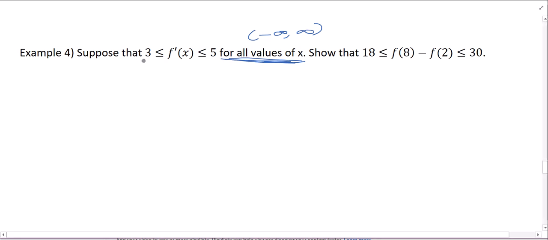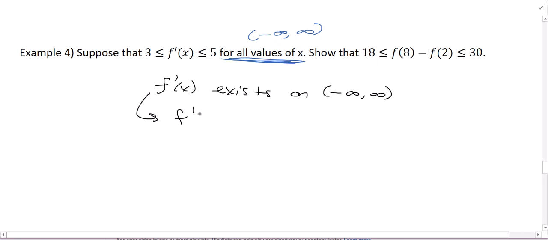So that means that the derivative is always between 3 and 5 for any value of x, but most importantly, it tells me the derivative exists. So f prime of x exists for all values of x, so on minus infinity to infinity. And from here, now we can use the theorem that if the function is differentiable, then the function is continuous, right?